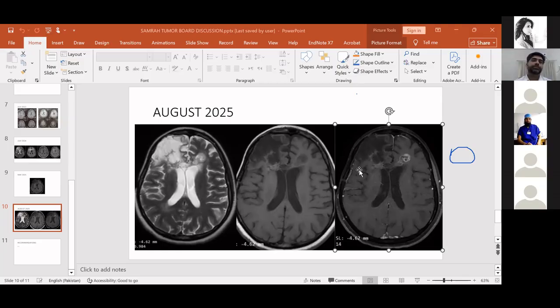But we need some evidence of the grade of the tumor and also the molecular status to proceed. So we need a molecular and histopathological diagnosis regarding the SRS. If the previous radiation treatment field allows, then one can consider it, depending upon the residual disease and the systemic support we have.